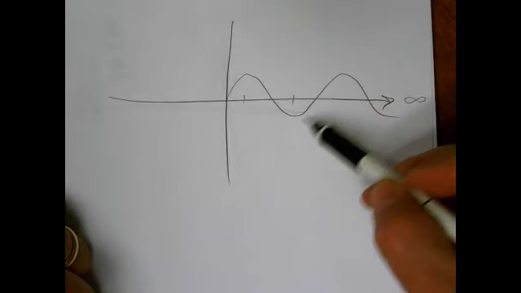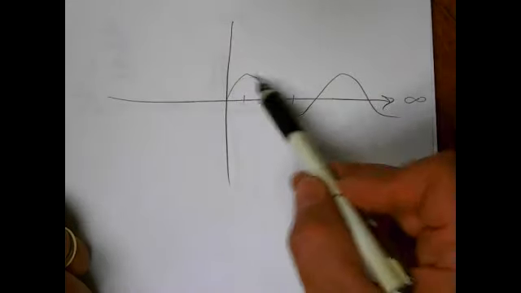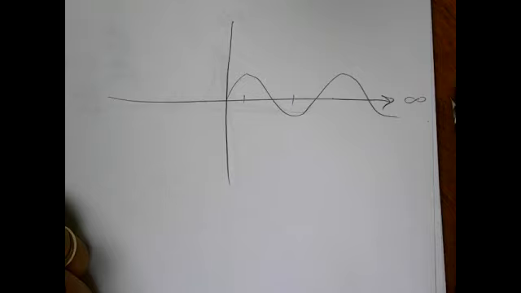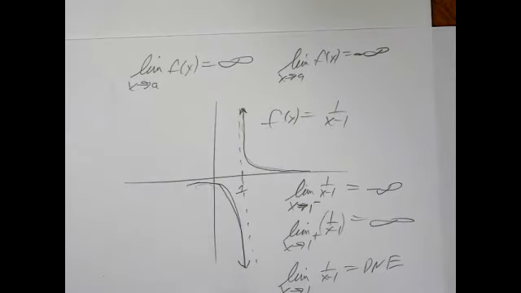It continues to fluctuate. I'm going to hit this lightly because I'm not supposed to talk about it yet. When a function doesn't settle into one particular behavior, that is another way that certain types of limits could fail to exist. Again, not something I'm supposed to be jumping into right now. That was a little bit of foreshadowing of things to come.